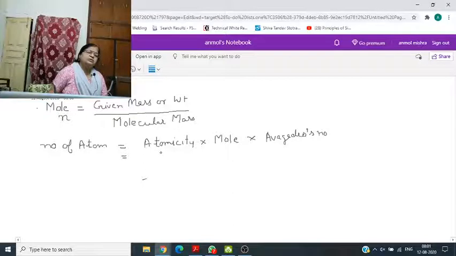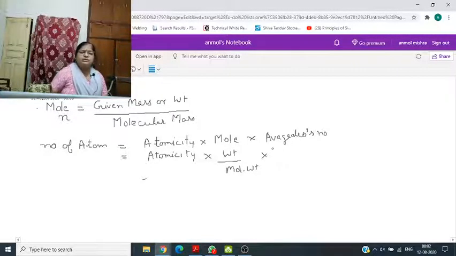Avogadro's number is represented by Na. The value you know is 6.023 into 10 to the power 23.